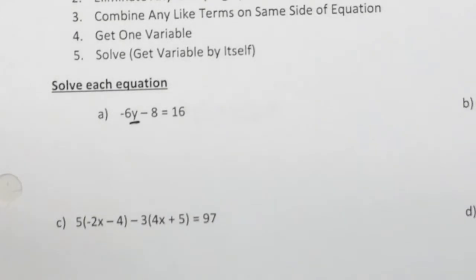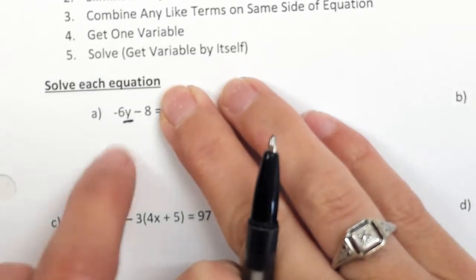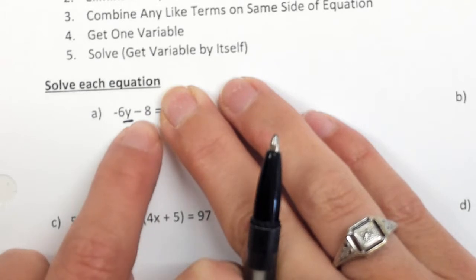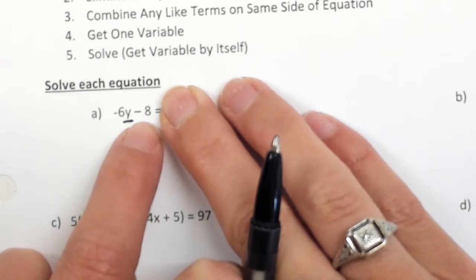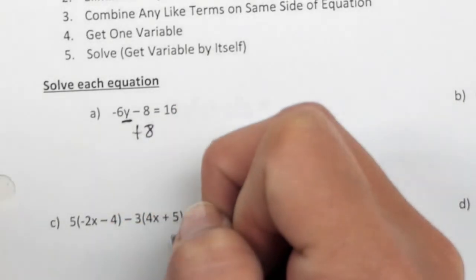Alright, so what should we do first? Good. We're just looking at the side with the y. We've already established we can't get rid of the -6 yet, so we have to get rid of what? The -8. And what's the opposite of -8? +8. Good. So we're going to add it to just that side.